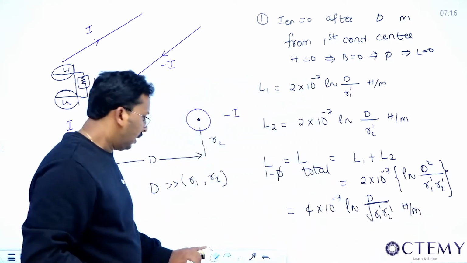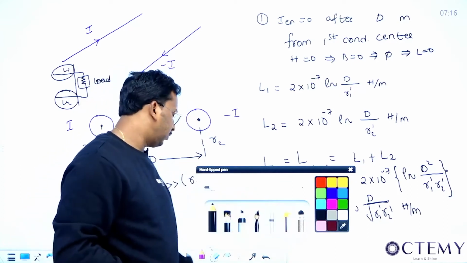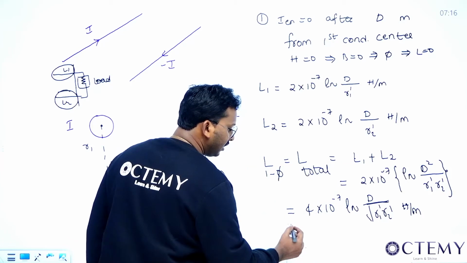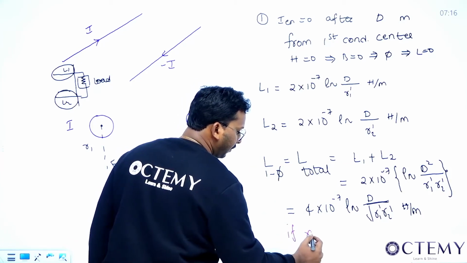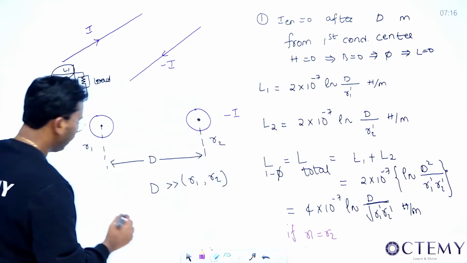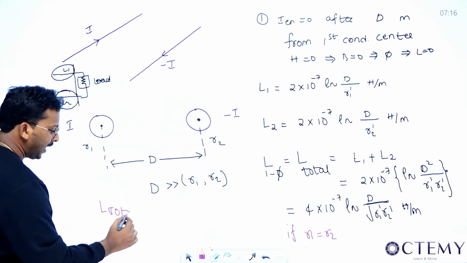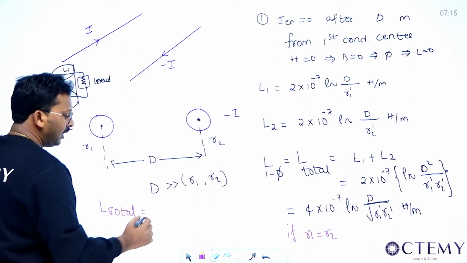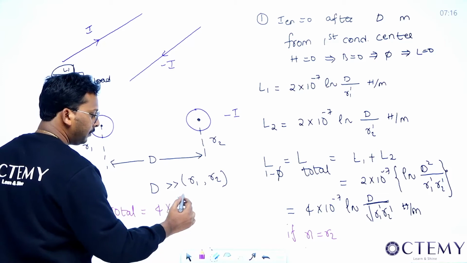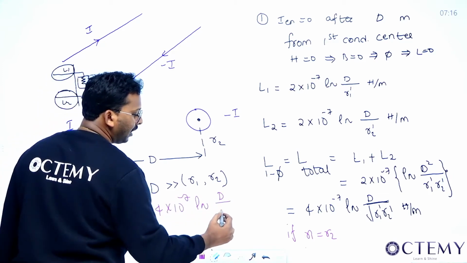If the radius of both conductors is the same, if R1 is equal to R2, then L single phase will be 4 into 10 power of minus 7 into ln d by r dash.